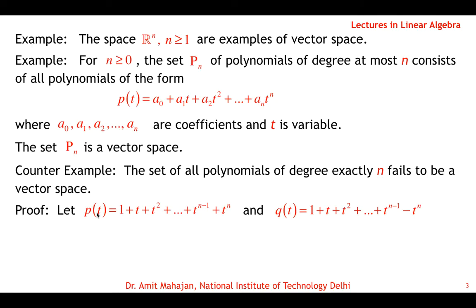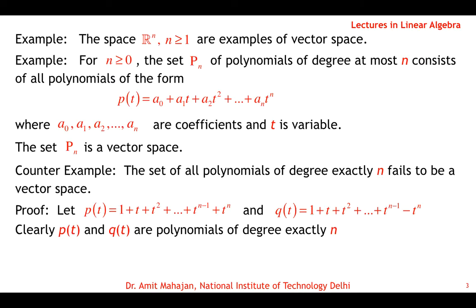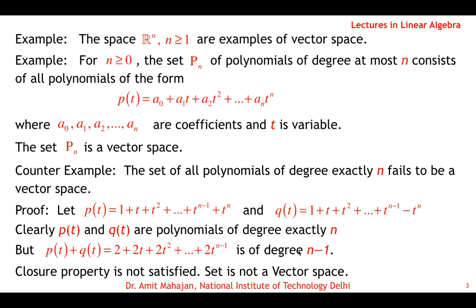So the sum p + q will be a polynomial of degree n minus 1, which is less than n, so it does not belong to this set. So the closure property is not satisfied, and this set of polynomials of degree exactly n is not a vector space.